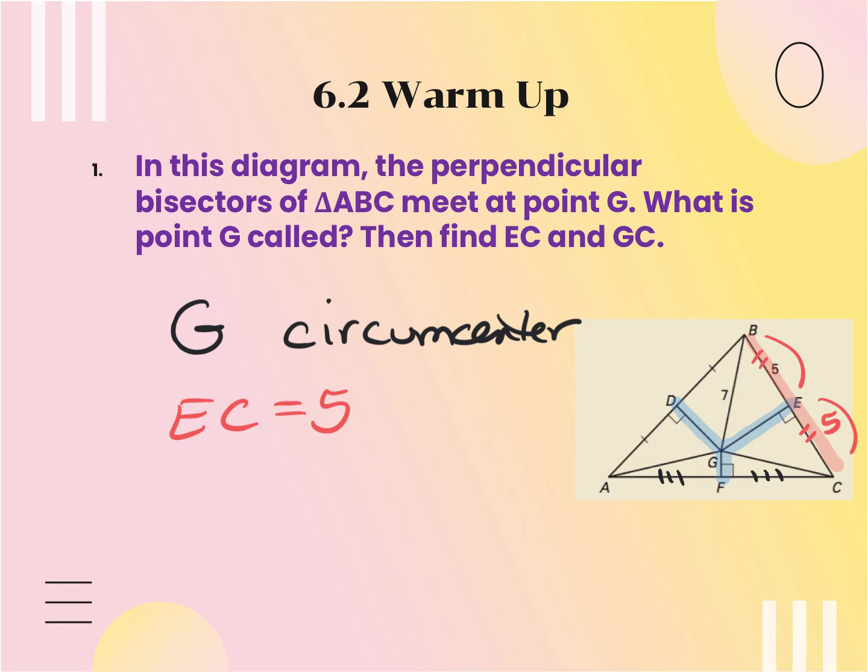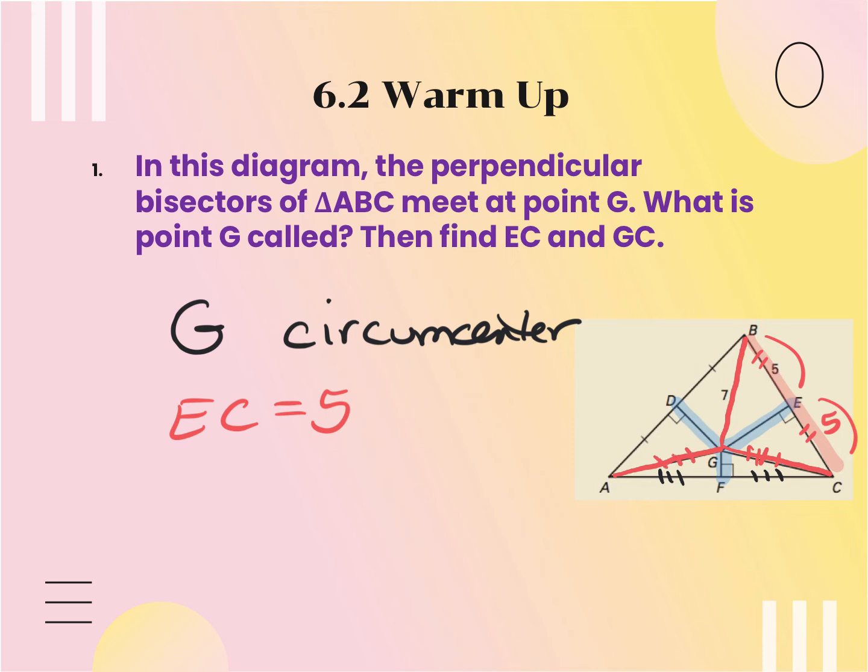So GC, remember that from this point of concurrency, from the circumcenter, we can draw segments to each vertex and they're equidistant. So each one of these red lines is going to be congruent.